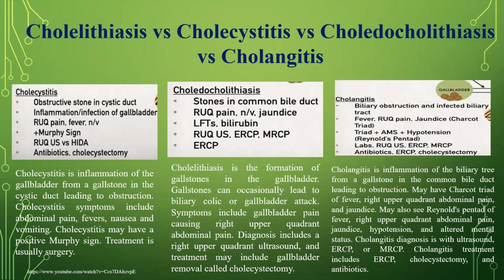Cholecystitis usually appears in the case of an obstructive stone in the cystic duct, compared with choledocholithiasis, which is the presence of a stone in the common bile duct, and cholangitis, which is biliary obstruction with an infected biliary tract. A patient with cholangitis presents mostly with fever, possible jaundice, hypotension, and other systemic symptoms.